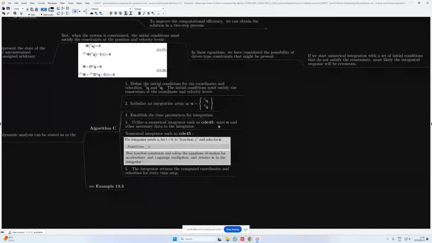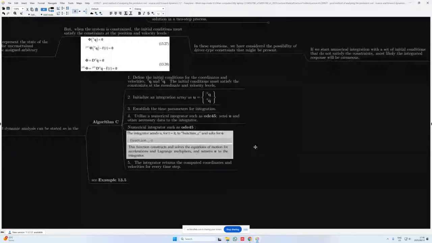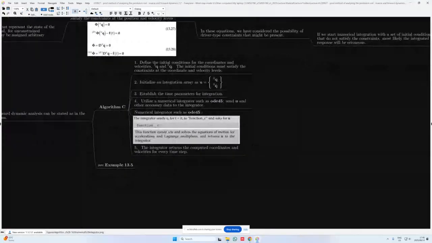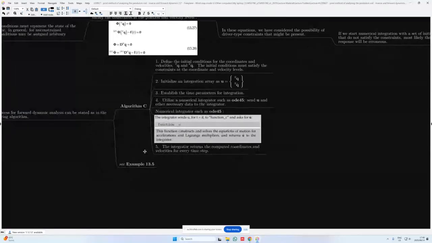We send U and other necessary data to the integrator, and the numerical integrator ODE45 then calculates the outputs and returns the computed coordinates and velocities for every time step. And example 3.5 also illustrates this algorithm that is used.